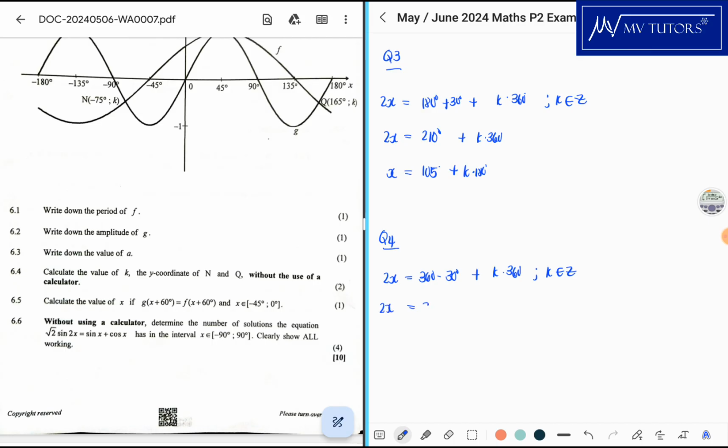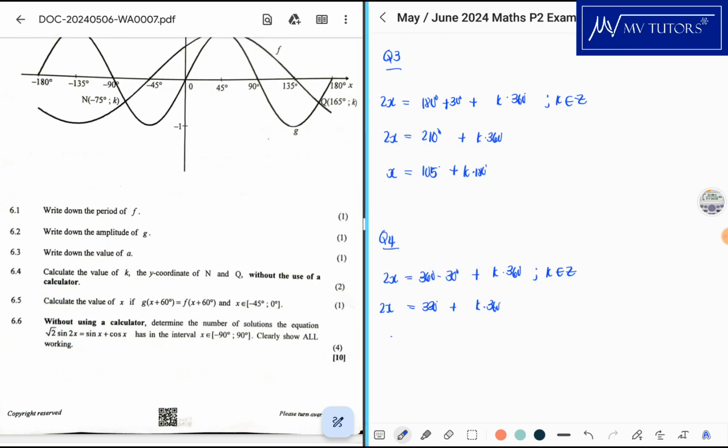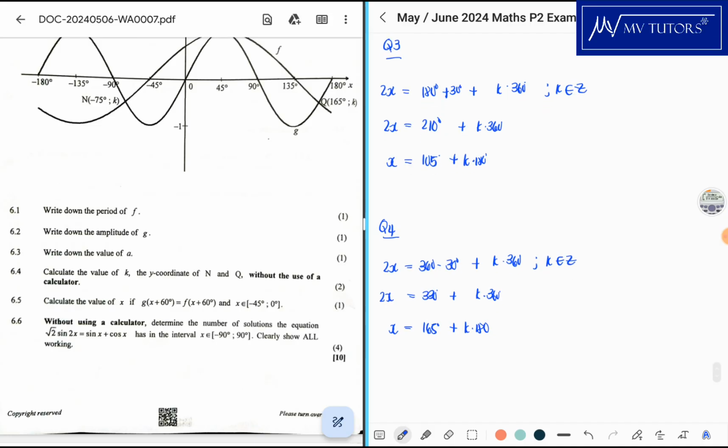So 2x is 330 plus k times 360. And let us divide this 330 by 2. So we get 165. So x is equal to 165 plus 180 times k.